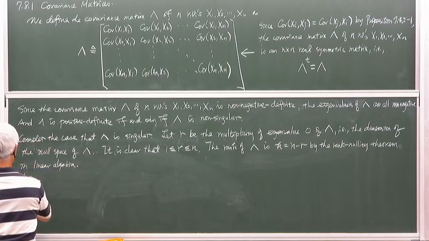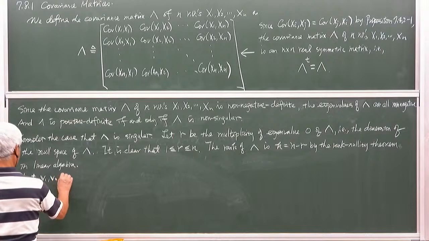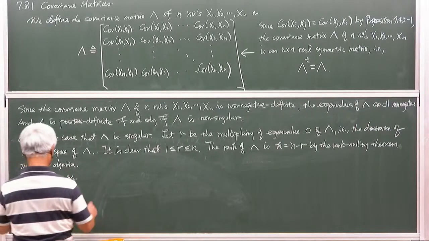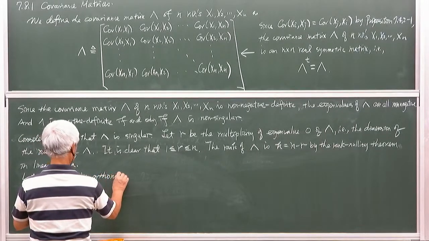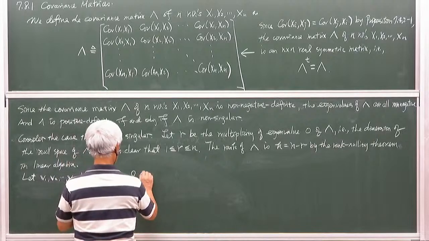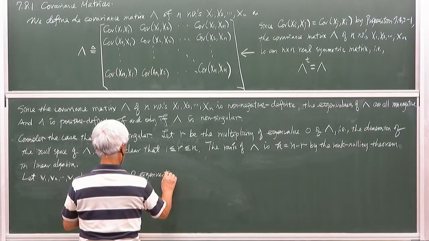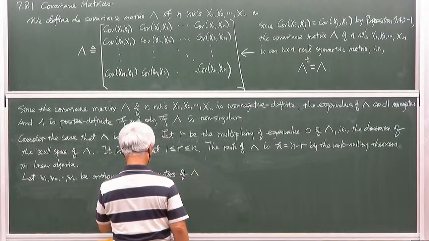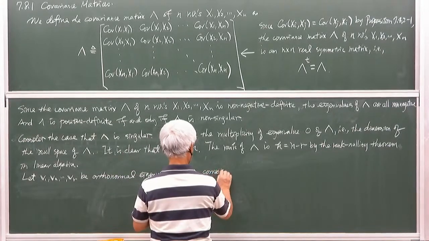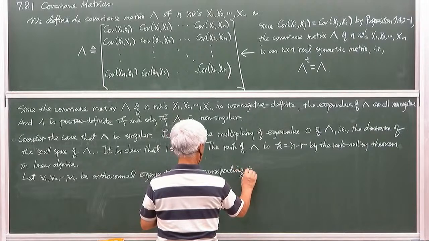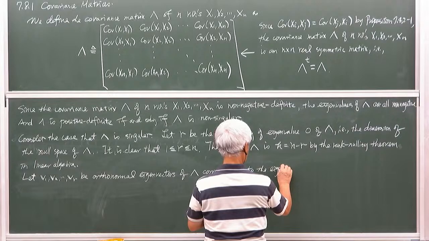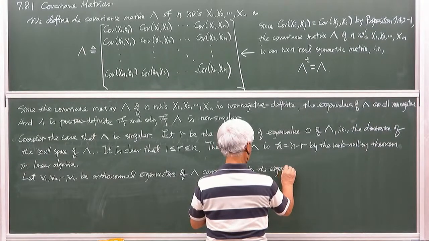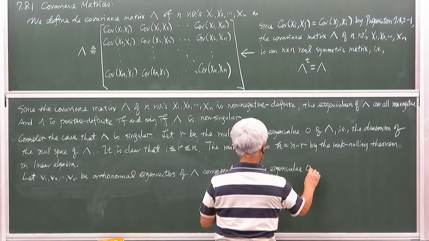Okay, now we let v1, v2 up to vr be orthonormal eigenvectors of lambda corresponding to the eigenvalue 0.